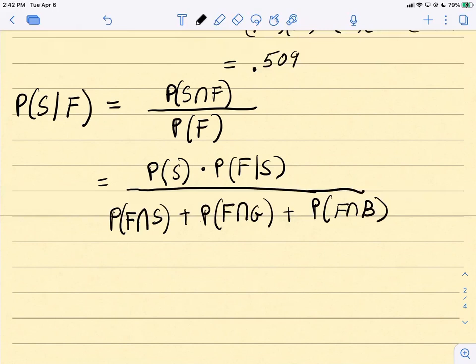I'll post the answer key so you guys can take a look at your work tonight. And then on Thursday, if you have any questions, we can go over this. I've also posted the Thursday lecture ahead of time, so you can check that out if you want before class. It's really simple. We're going to discuss an intro to what we call probability distributions and histograms, which I think many of you have seen before as well.